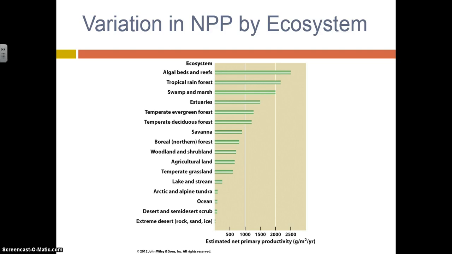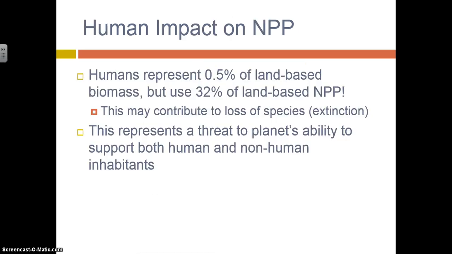So anywhere that you have a lot of green, lush vegetation is where you're going to have the most net primary productivity. And of course, at the bottom you can see that deserts have significantly less than any other ecosystem. Now, this is an interesting little fact, which is beginning to be attributed to some changes that the Earth has seen: humans account for only 0.5% of the amount of land-based biomass.